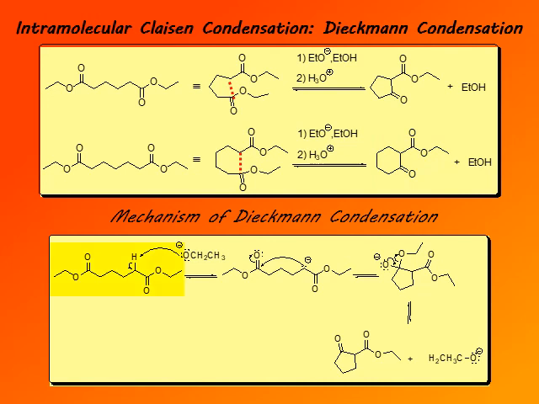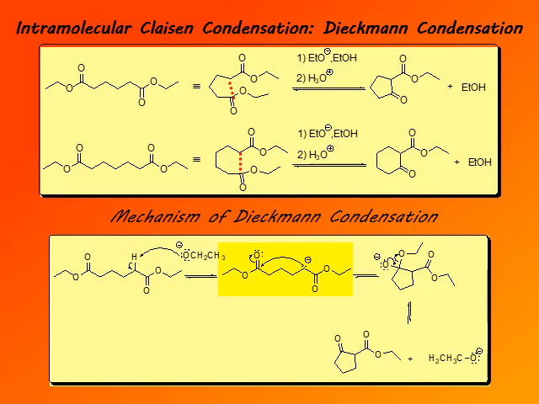The mechanism of Dieckmann condensation simply involves deprotonation of one of the alpha carbons. Again, the base must match the leaving group. So we are using in all of these cases an ethoxy leaving group and ethoxide as a base. So deprotonation results in formation of an anion.